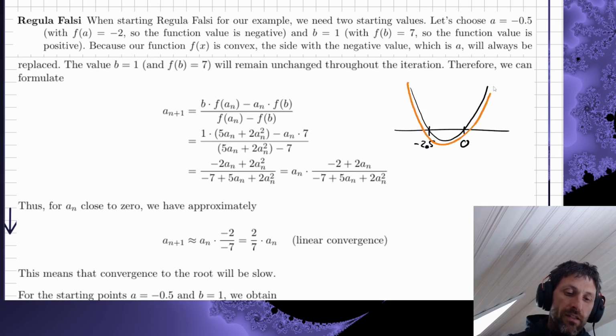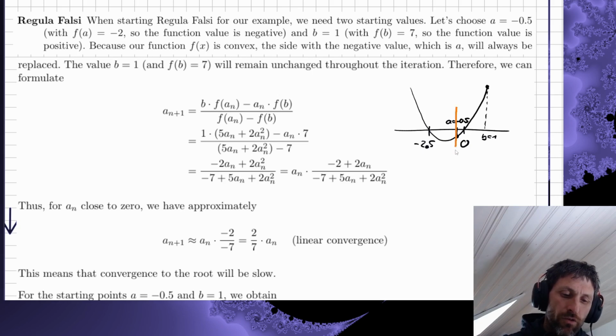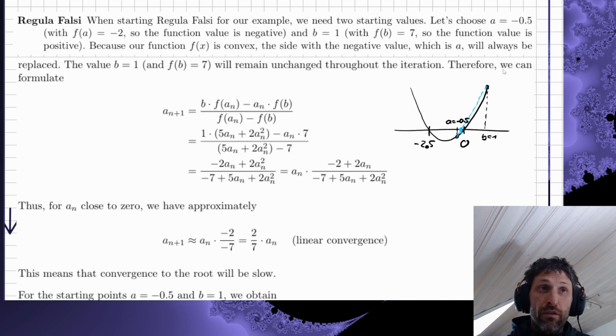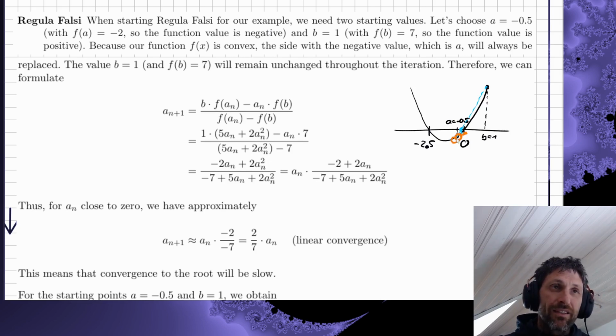Convex means the second derivative is positive, and that means if you start with that point to be A, that point to be B, then you take the secant, take the root of the secant, then you evaluate the function at this root, and then you check the sign of the function value, and because this one is negative, you will replace A, and that will keep being true over and over again.